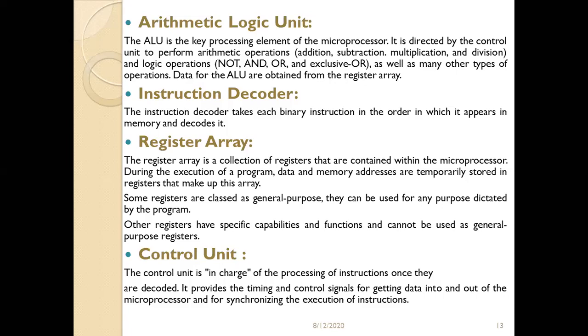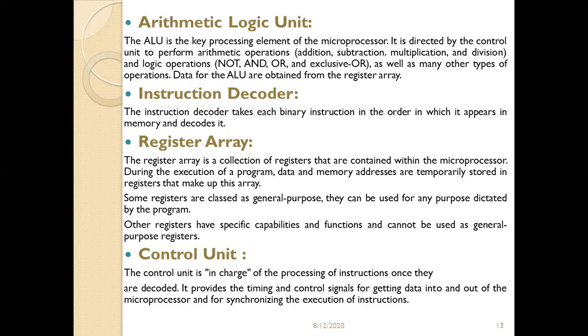But inside the microprocessor, the memory elements will be in the form of the registers that store data and instructions temporarily. Even that address is also stored inside the registers.